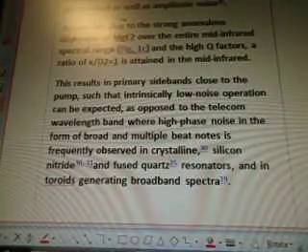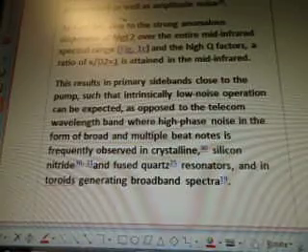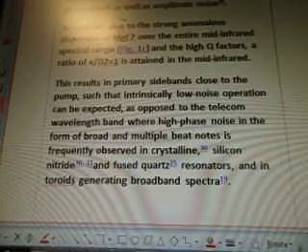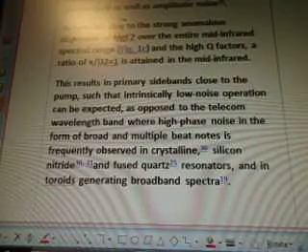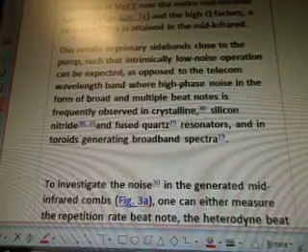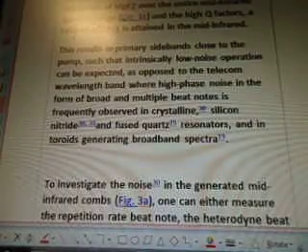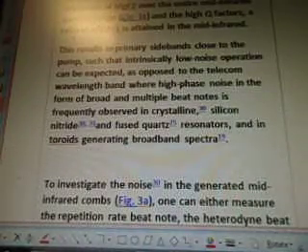This results in primary sidebands close to the pump, so intrinsically low noise operation can be expected, as opposed to the telecom wavelength band, where high phase noise in the form of broad and multiple beat notes is frequently observed in crystalline silicon nitride, fused quartz resonators and in toroids generating broadband spectra.